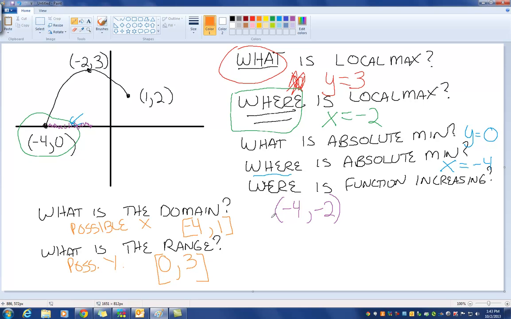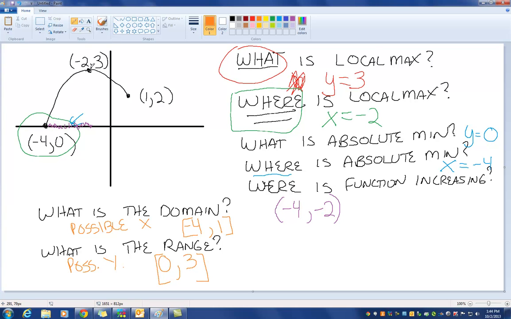So just to be careful, you want to distinguish between what and where for local max and absolute max, local mins and absolute mins. Realize, of course, that local maxes are these mountaintops here. They may not be the absolutely highest or lowest value in the function, but they're a place where, in the neighborhood, it's the highest point around. Absolute maxes and mins are basically the highest or lowest value you see in the function.